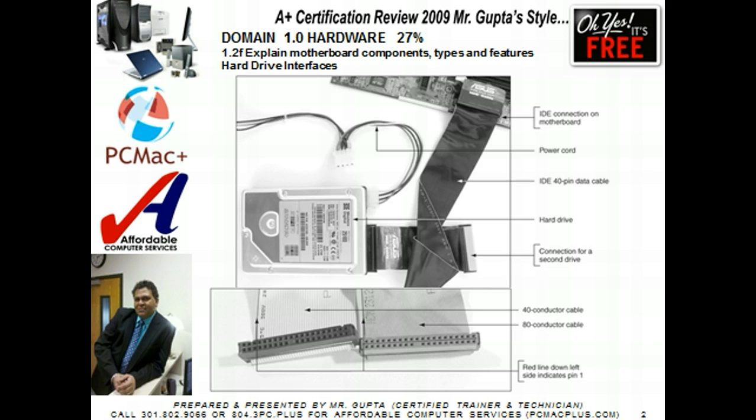For maximum performance, an 80-conductor IDE cable is required by ATA-66 and above. The maximum recommended length of both cables is 18 inches, although it is possible to purchase 24-inch cables.